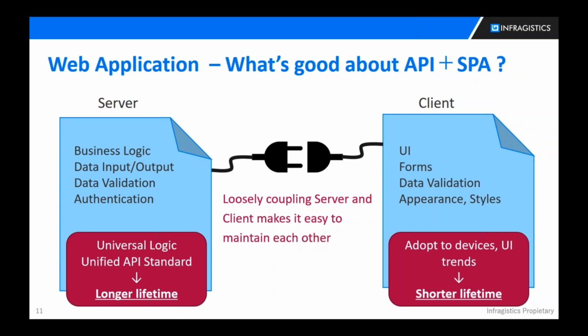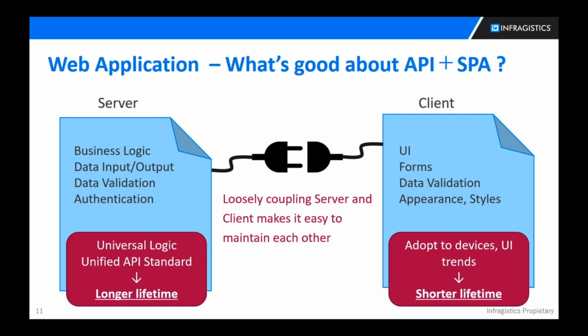Also, the client-side UI has changed dramatically over the last 10 years, or rather how you develop web applications has changed, as you saw in the history of the web. So the client side has been changing rapidly and dramatically.